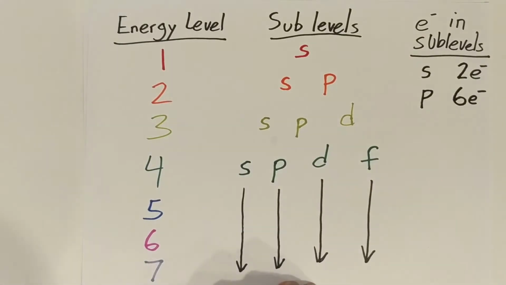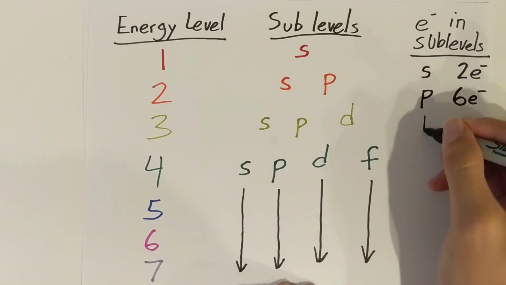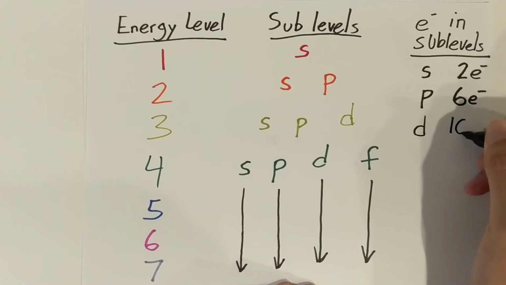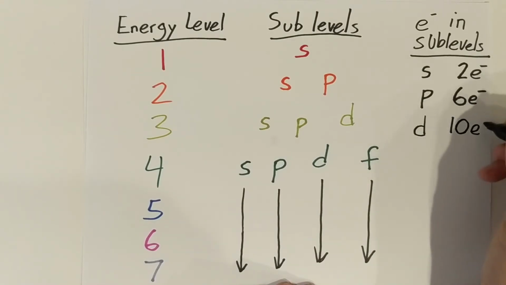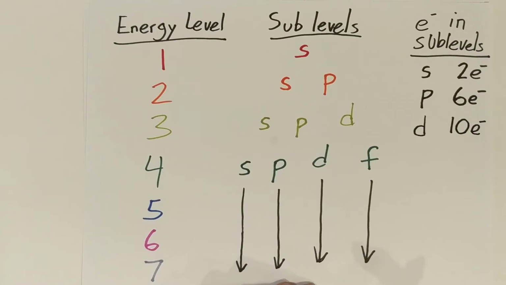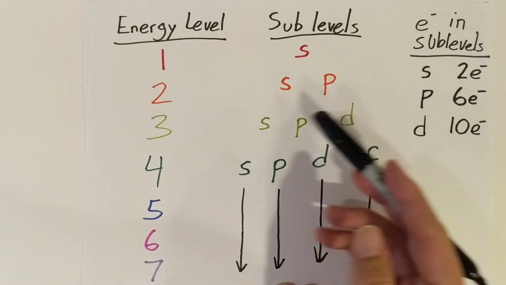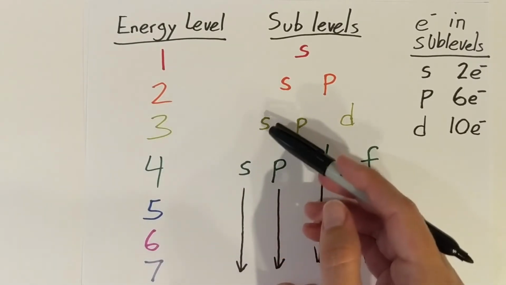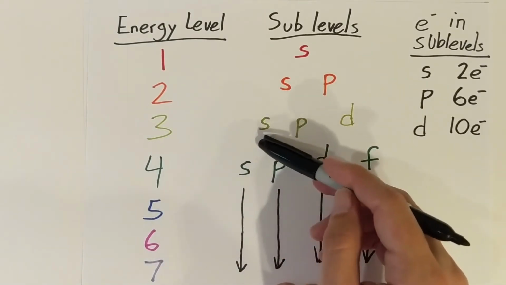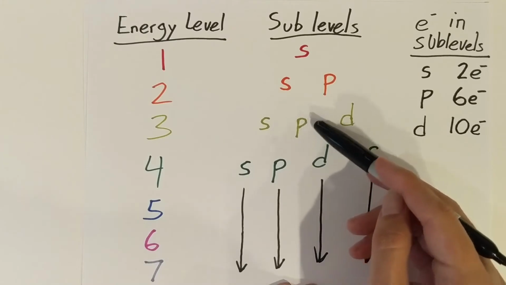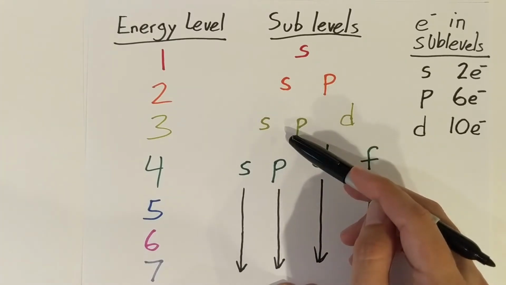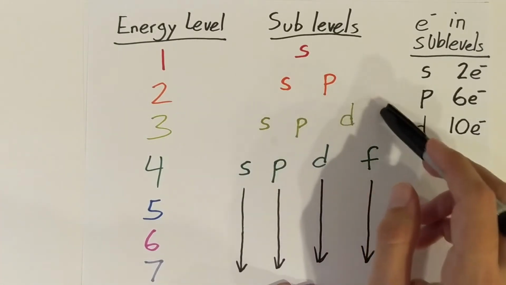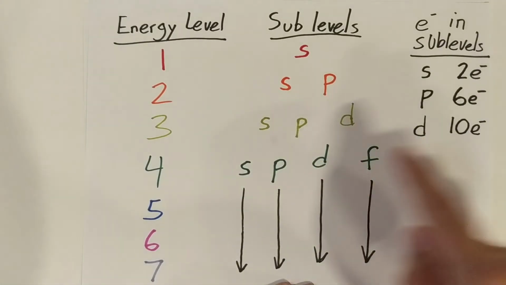If we take a look at our sublevel D, we can fit 10 electrons in there. So if we go down to our energy level 3, our third energy level, we can fit 2 electrons in 3s. We can fit 6 electrons in 3p. And we can fit 10 electrons in 3d. So that would be a total of 18 electrons in our third energy level.